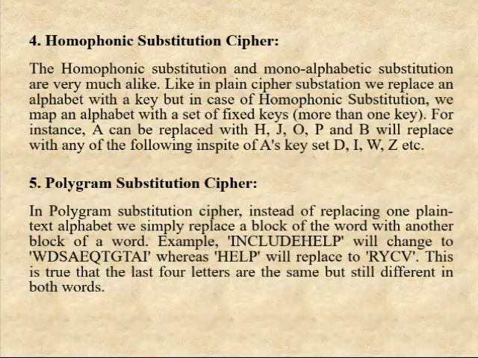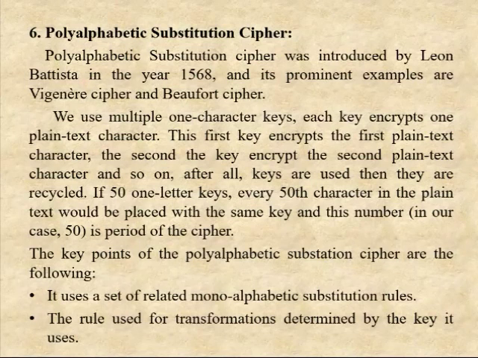For example, the word include may change to WDSAEQTGTAI, whereas help will be replaced by RYCV. The last 4 letters are the same but the ciphertext is still different in both words. This is a polygram substitution cipher.